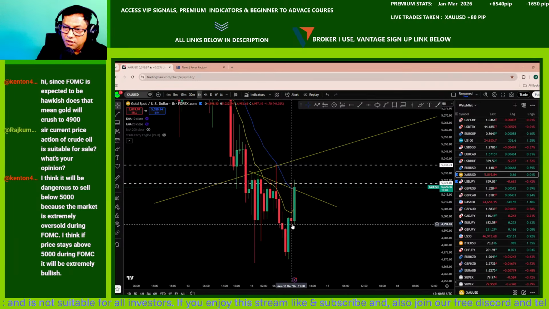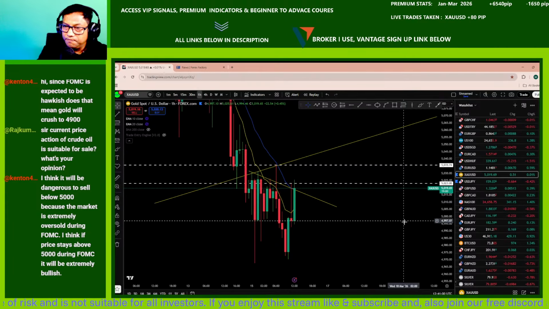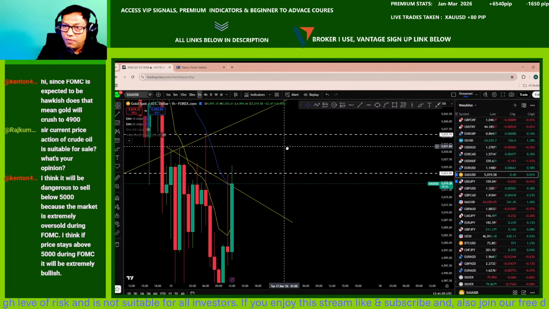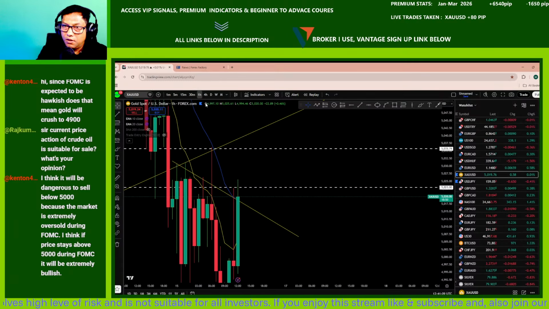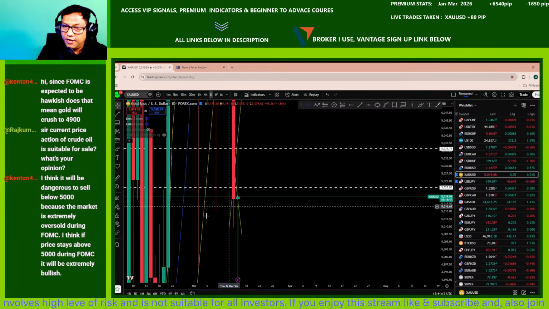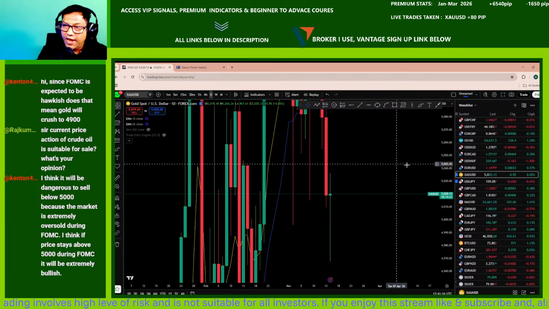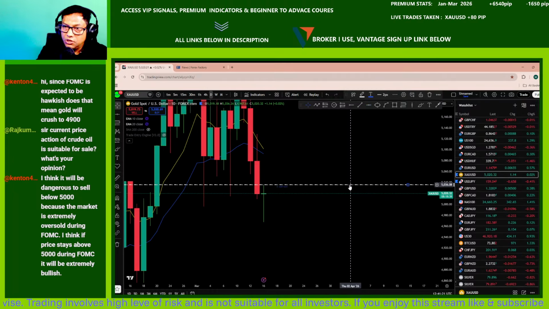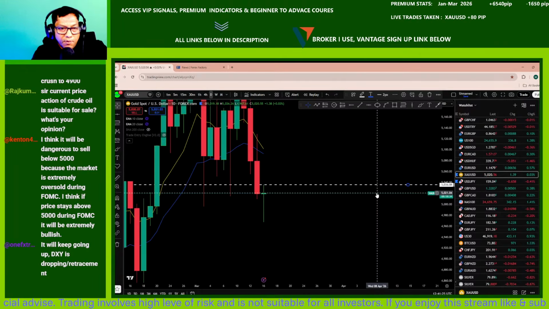Okay, the 1 minute pin bar, this is the 1 hour price action, and with this 1 hour price action it crossed the daily high again. So I would like to delete all those lines, and potentially we'll be looking for an entry in this area here. This is the daily high. I'm looking at a new analysis here. It'll keep going up. DXY is dropping, a retracement.